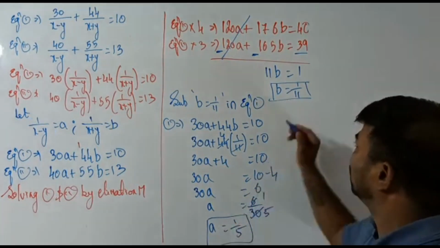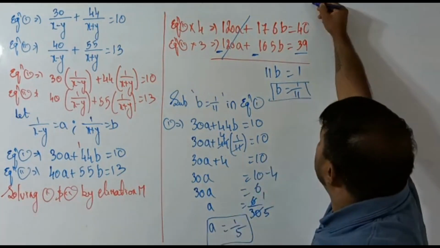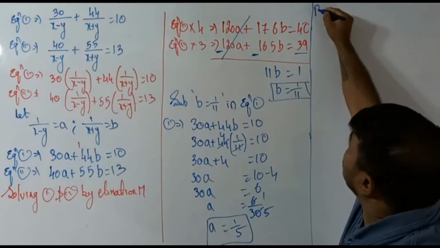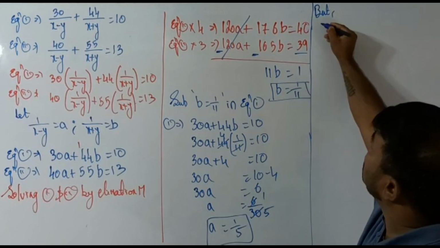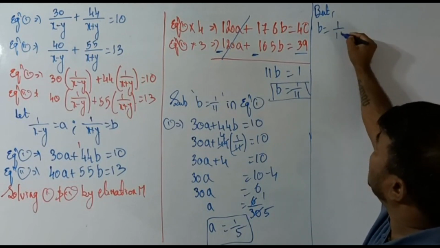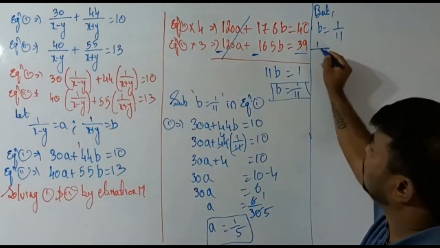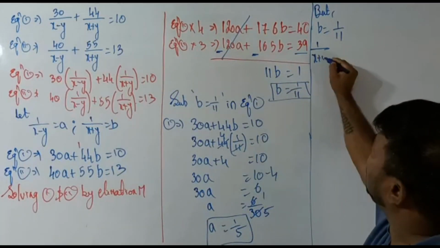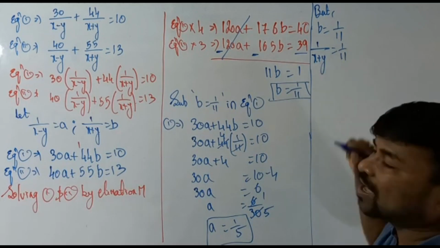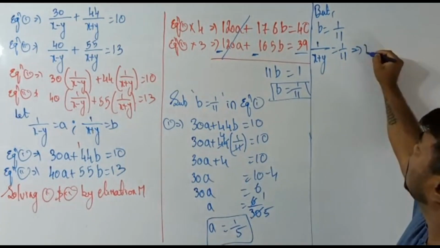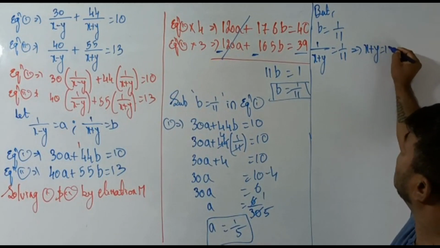So we got the value of b and we got the value of a. Let us simplify. We said b is equal to 1 by 11, but what is b? It is 1 by (x plus y) equals 1 by 11. Comparing both sides, x plus y equals 11.